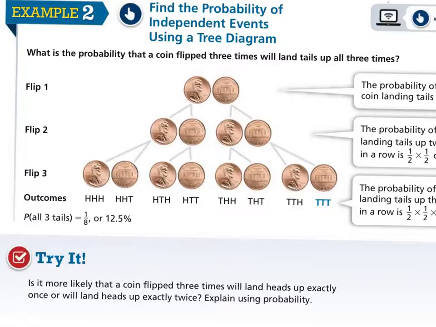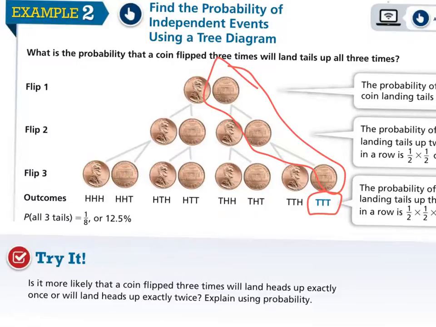So you can see they mapped out their different possibilities here. Getting tails all 3 times is just the route way on the right side here, and you can see there are 8 routes altogether, and there's only a 1 out of 8 chance of getting all 3 tails.